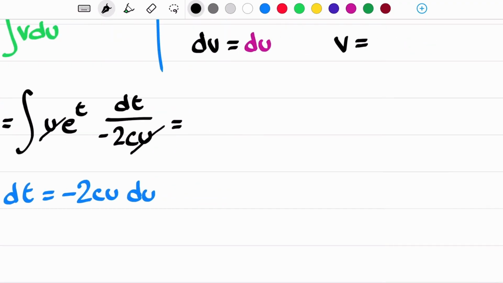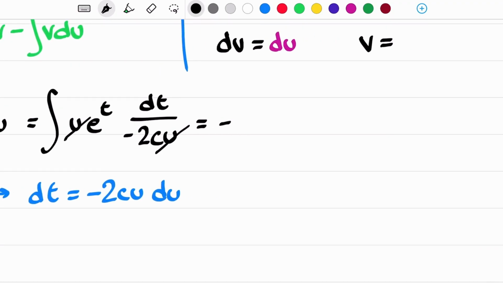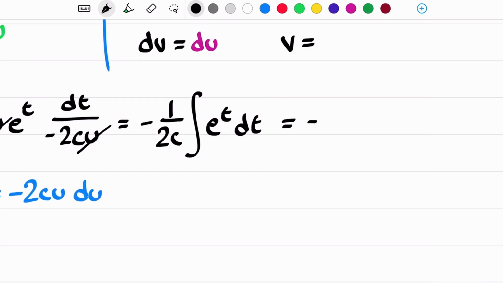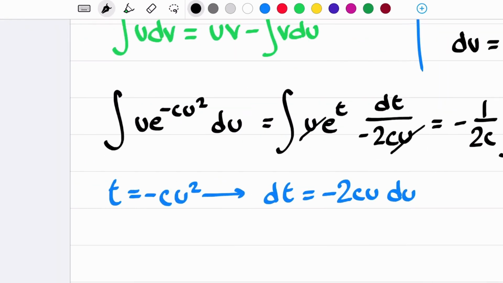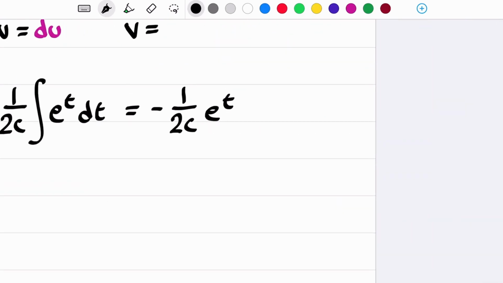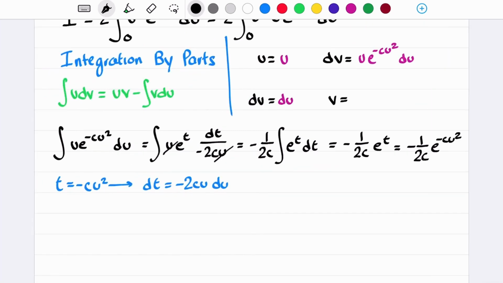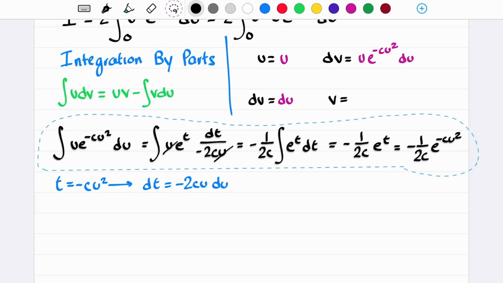And it simply becomes, I'm going to bring this negative 1 over 2c out front, negative 1 over 2c integral of e to the t dt, which is simply negative 1 over 2c e to the t. And if we want to plug back in what t was, which is negative cu squared, it is negative 1 over 2c e to the negative cu squared.